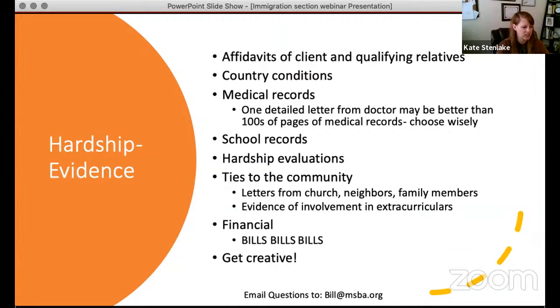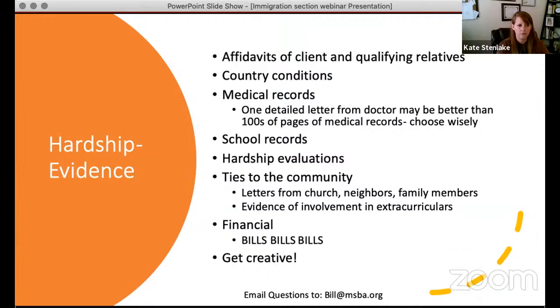But the factor in that case was that this client had worked for a really long time for this farm, and the whole family lived on the farm and had housing on the farm. So I was able to show that even though those weren't qualifying relatives, if client was deported, all of these people would lose their housing. And that would adversely affect the qualifying relative, the young boy, because he was growing up with this great family system.